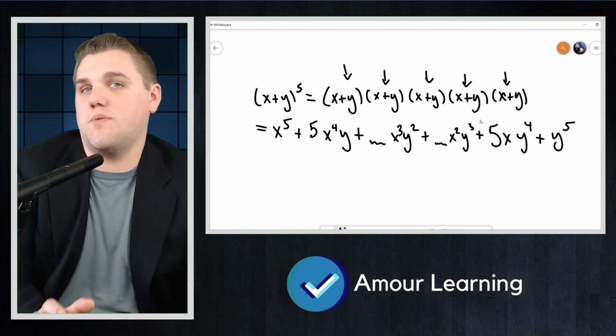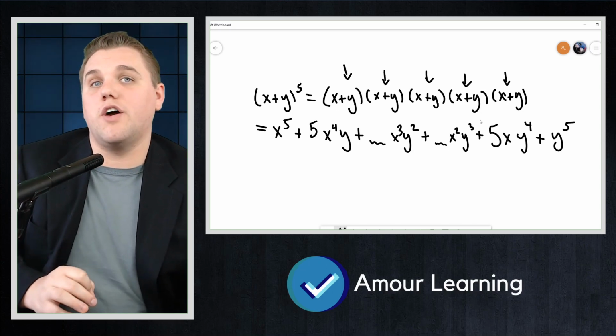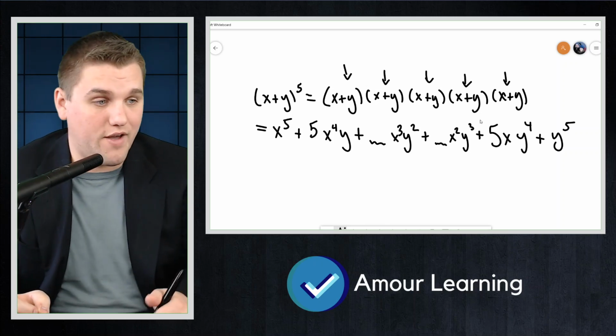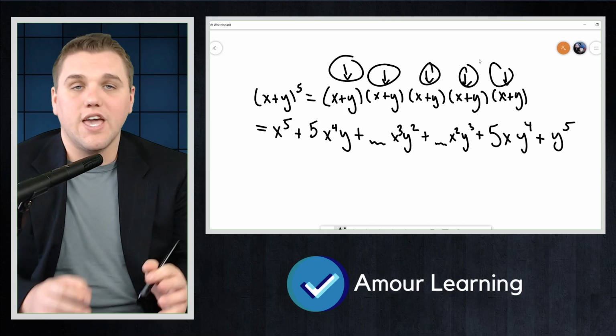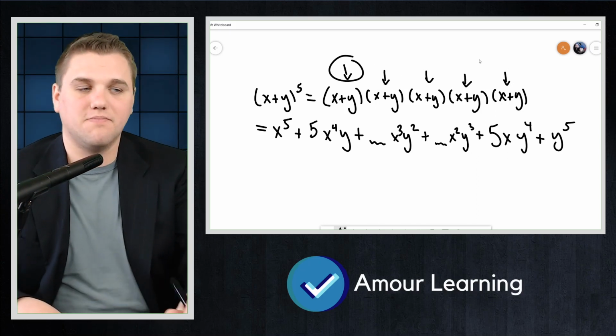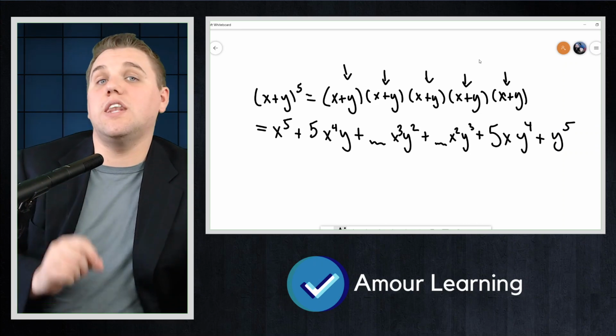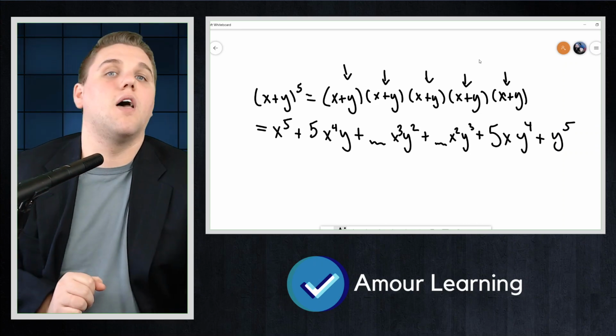Wait, this sounds familiar. We have 5 things. Each can be one of 2 things. So we have 5 things here: 1, 2, 3, 4, 5. Each can be one of 2 options. And we need a total of 3 of them in both of these scenarios.